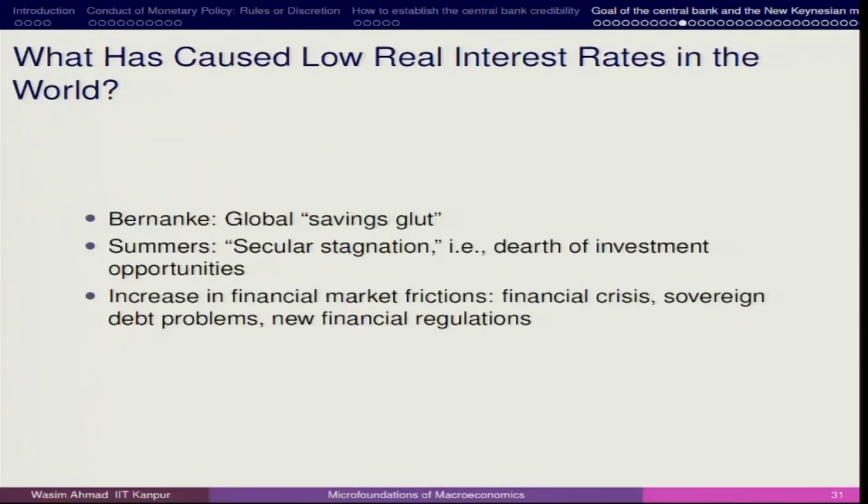We have higher defaults and less loan availability, which creates a further awkward situation. So, financial crisis, sovereign debt problems and new financial regulations are the important instruments to deal with. One of the reasons we often talk about low interest rate scenarios are these, and we can also think about adding some more dimensions to this.